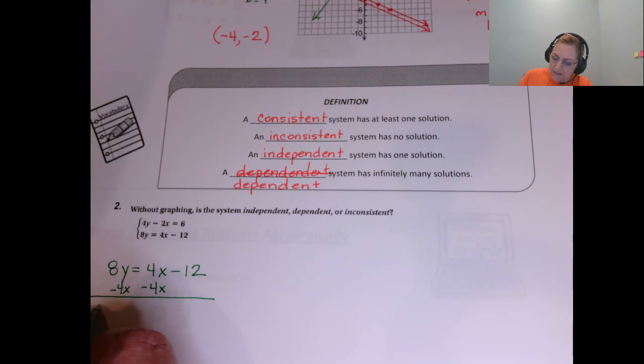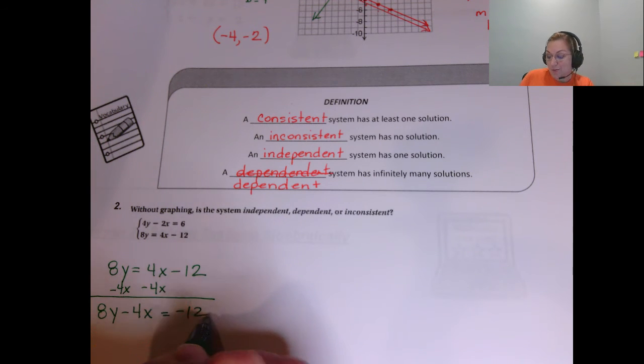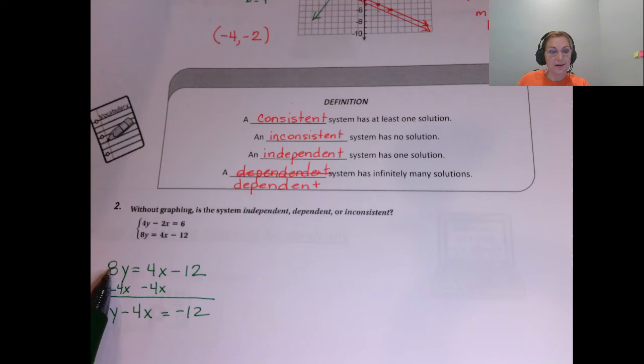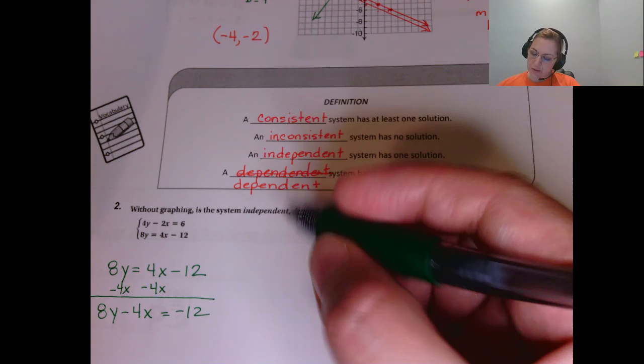So I'm actually going to leave the y's first in this one. You may be asking yourself, why didn't she subtract 8y minus 4x? I did. I can't subtract the 8 and the 4 because they're not like terms, right? Remember, they have to have the same variable, same exponents. So this is pretty much what I can do.